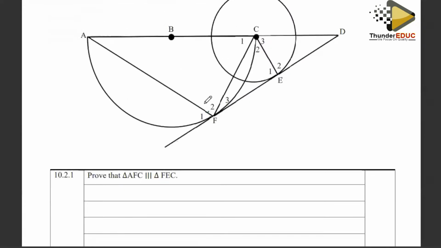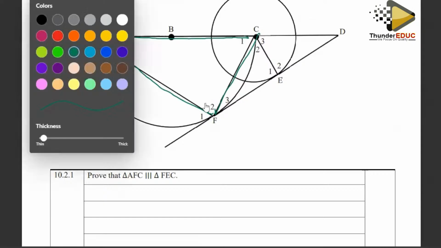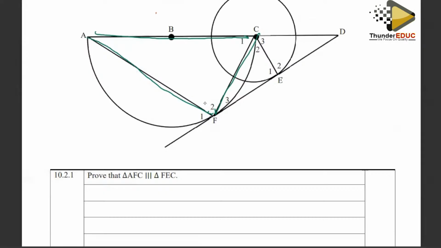Then step number 1, prove that this triangle AFC is similar to this triangle FEC.